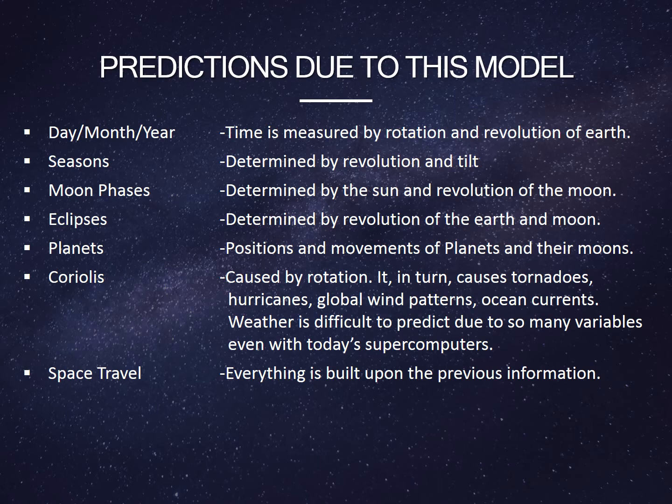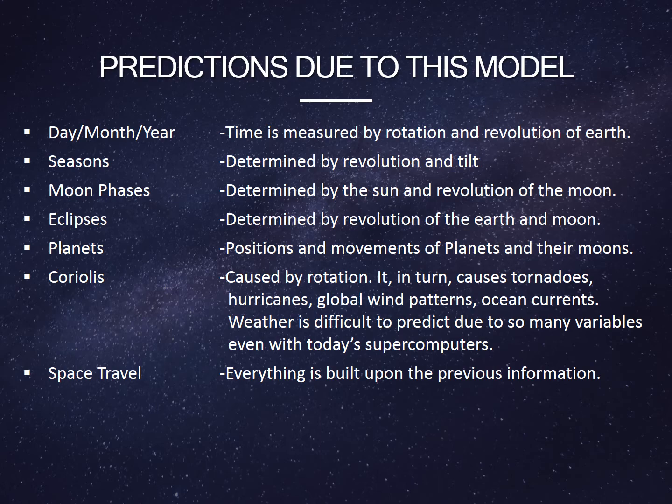Here are some predictions due to this model. Of course, day, month, and year. Our time is measured by the rotation and revolution of the Earth. Seasons are determined by revolution and tilt. Moon phases are determined by the sun and the revolution of the moon. Eclipses are determined by the revolution of the Earth and the moon.